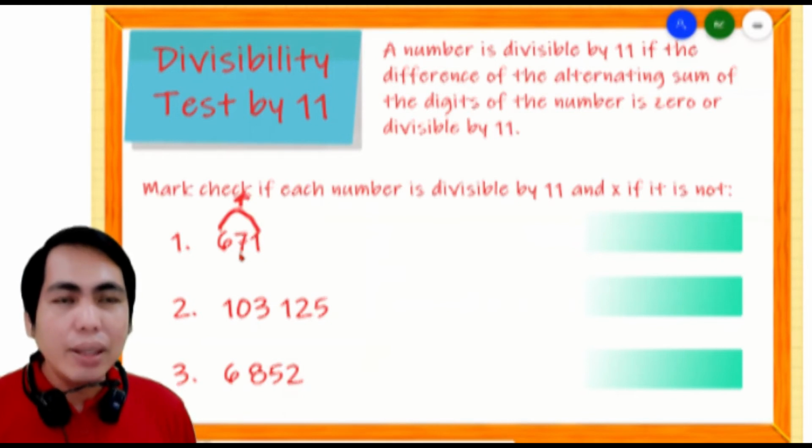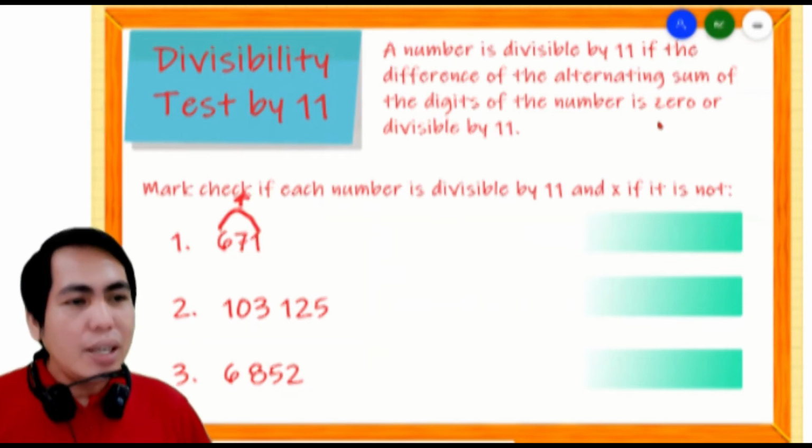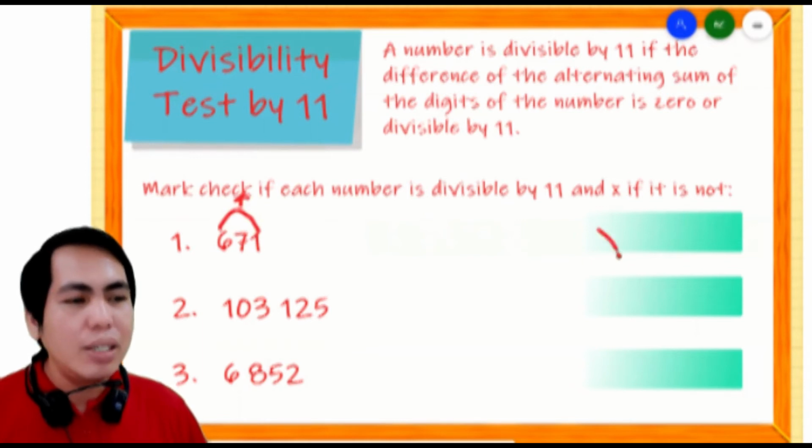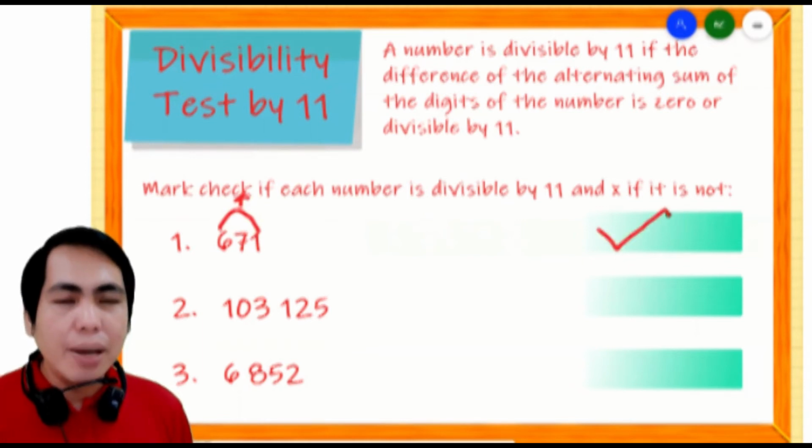And then we have to get the difference between the two. 7 minus 7 will give us 0. Since according to the rule, if the difference is 0, so meaning to say that the original number is divisible by 11. So 671 is divisible by 11. So this is a check. So let us have example number 2.